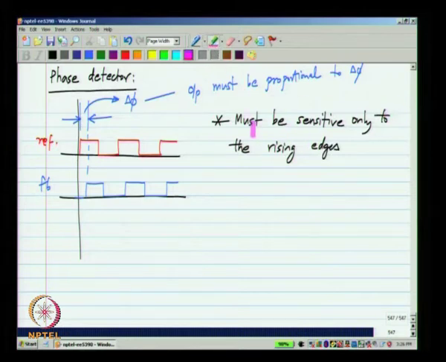Or it should be sensitive only to the falling edges, but it should not be sensitive to the details of the waveform in one period. Okay. Of course, the waveform in the second period will be the same as in the first period and so on, but within each period it should not be sensitive to the details of the waveform. Okay. Again, we are only interested in generating periodic quantities, we will not concern ourselves with the problem of generating some particular waveforms. Okay. So, whatever we do here should not be sensitive to the exact waveform.